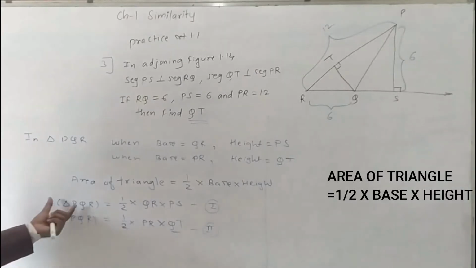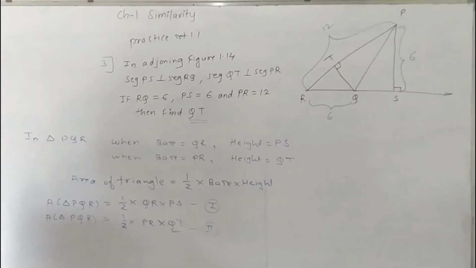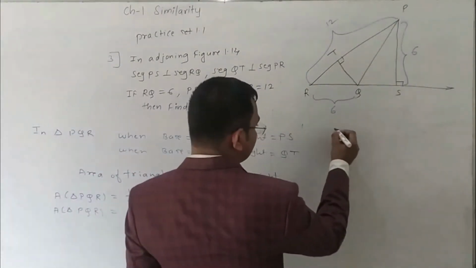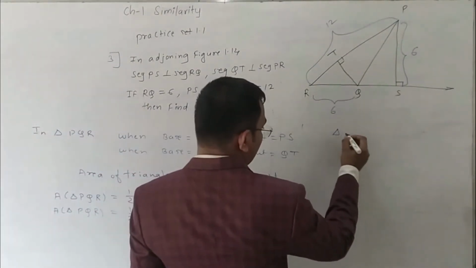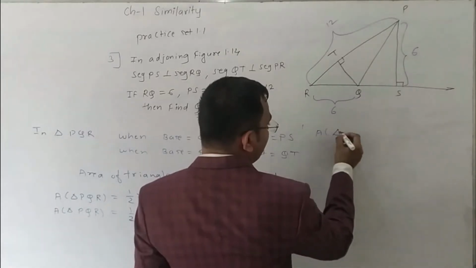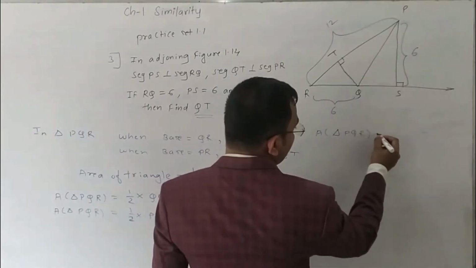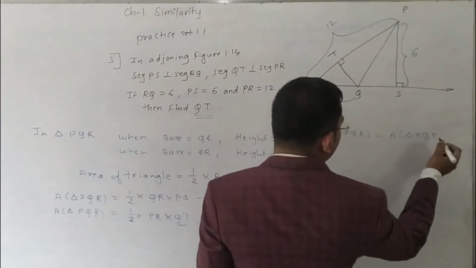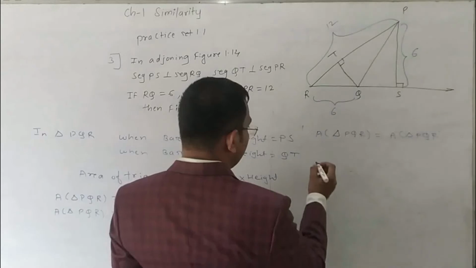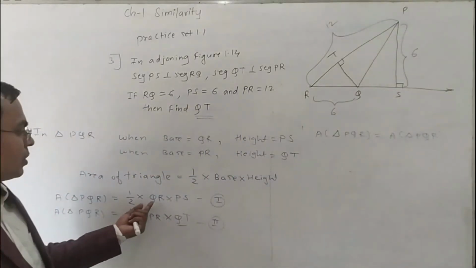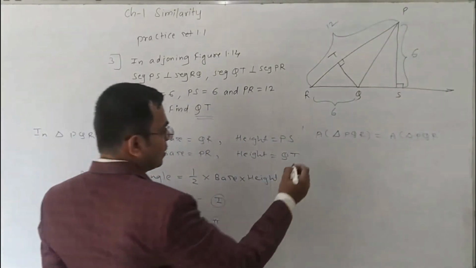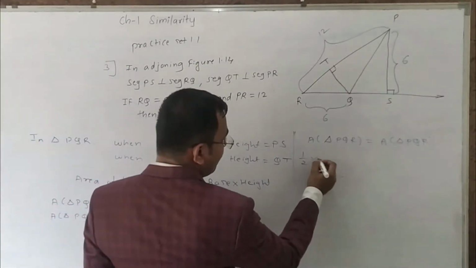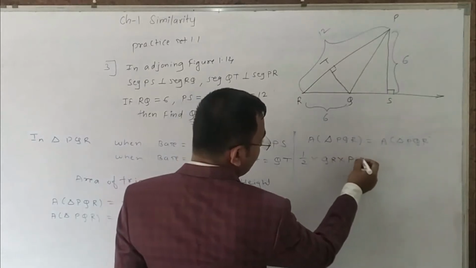So here, area of triangle PQR equals area of triangle PQR. Then half into QR into PS.